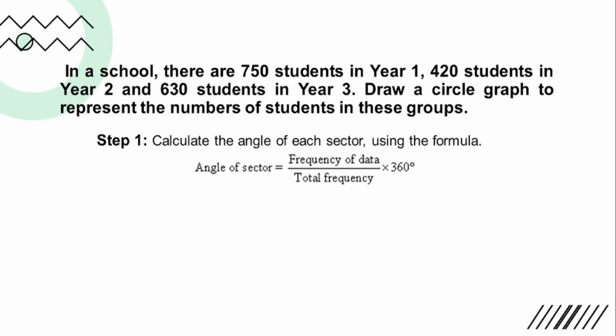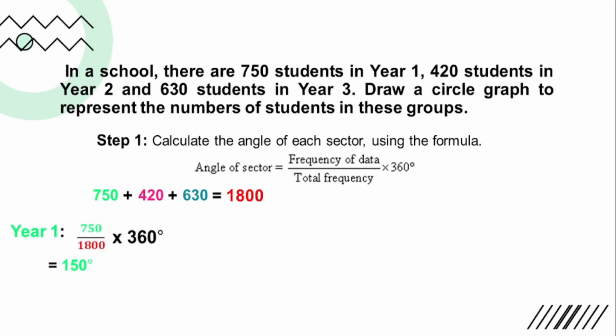To obtain the total frequency, let's add the following values. 750 plus 420 plus 630 is equal to 1800, and that is our total frequency. Now let's calculate the angle of each sector. For year 1, we have 750 over 1800 times 360 degrees, which is equal to 150 degrees.